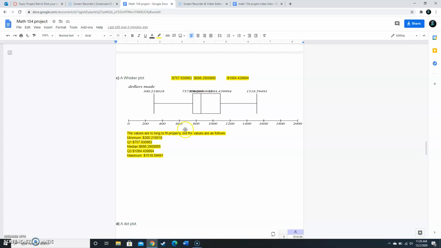My median was $856.2900885 million, and my Q3 was $1,084.439994 million, and my maximum value ended up being $1,518.5914 million. Sorry.